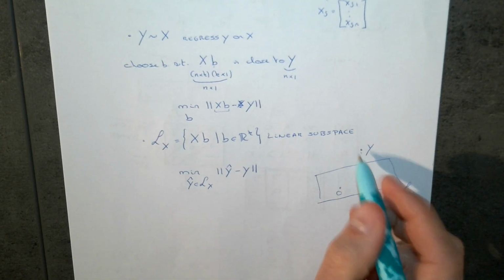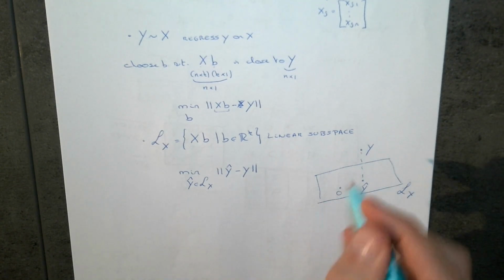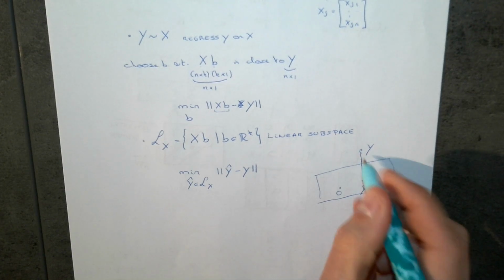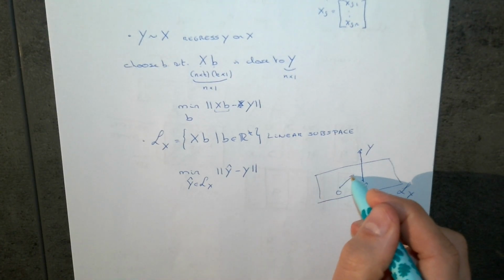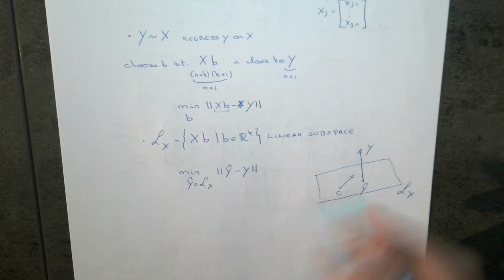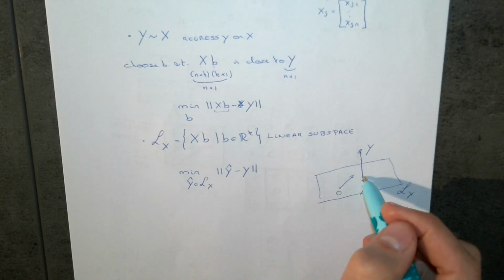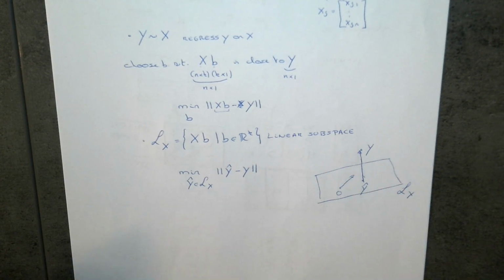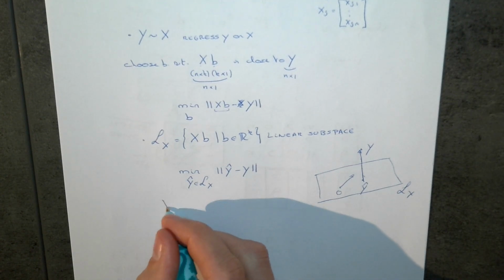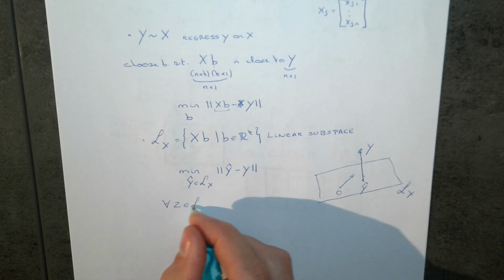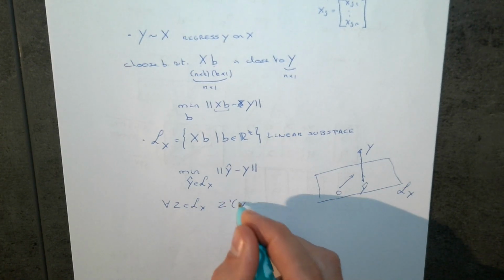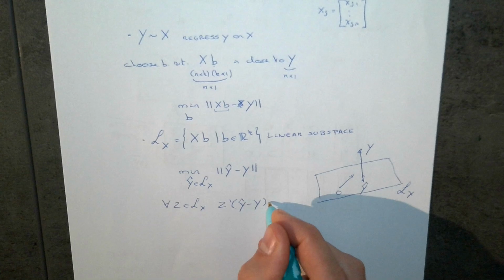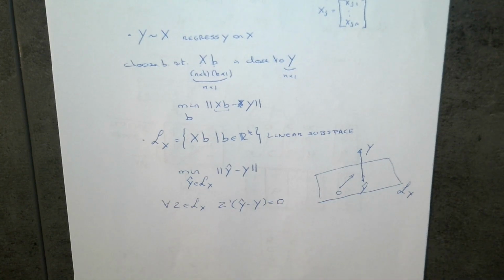We know that the property that this y hat will satisfy is that this vector, y minus y hat, is going to be perpendicular to every vector in this linear subspace. Okay, so basically the angle that this vector makes with every vector in the linear subspace will be equal to 90 degrees. So for every z in this linear subspace, what do we have? We have that z prime times (y hat minus y) is going to be equal to 0.